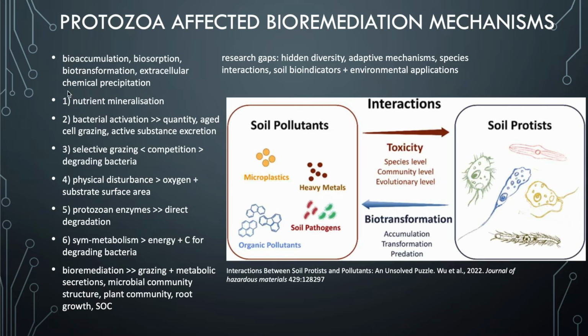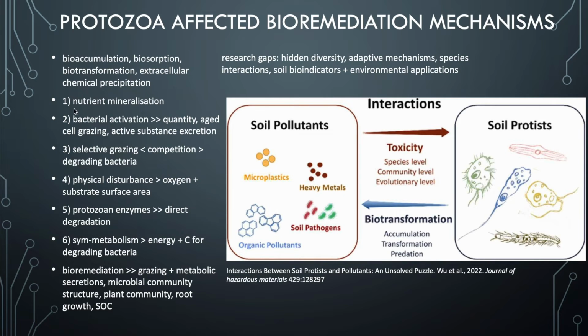And it's largely dependent on several factors, and that includes nutrient mineralization. Is there enough nutrients to actually support bioremediation? Of course, bioremediation is an energy-expensive process for organisms, so there needs to be enough nutrient cycling in the system and enough mineralized nutrients in order to support the organisms that perform bioremediation.